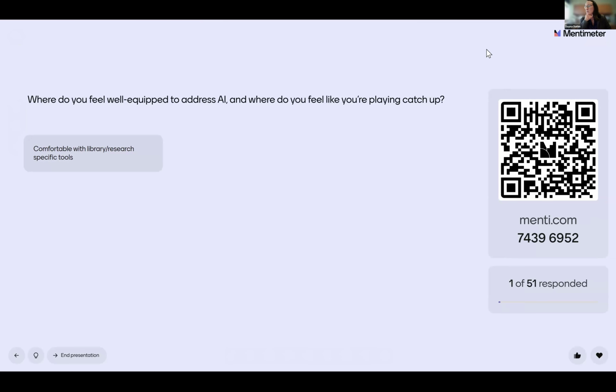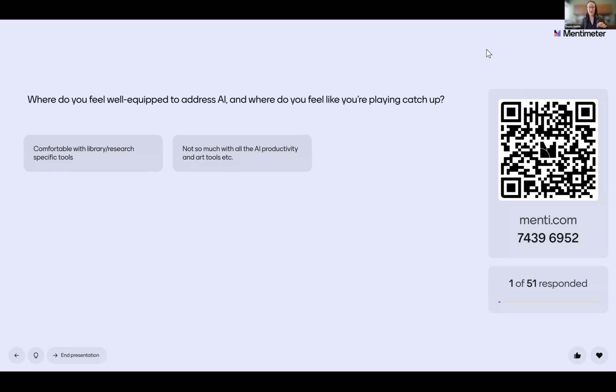Yeah, and while y'all are answering that one, Sarah made a really good point in the chat that their campus uses Gemini. Very clear in the library that you can't upload scholarly articles into the non-institutional instance of Gemini.